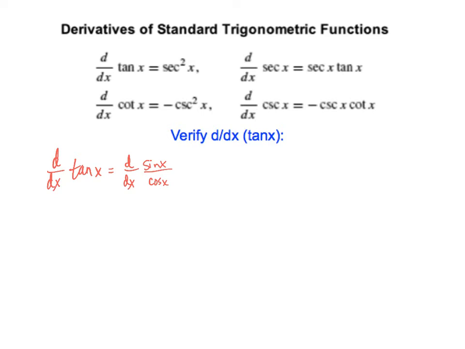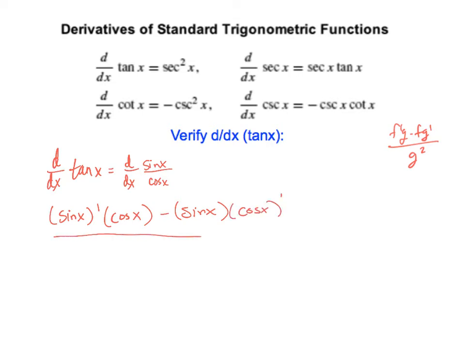We already verified sine and cosine using the graphs, and now we can use our quotient rule, which, remember, is f prime g minus f g prime, divided by g squared. So the derivative of sine, the original denominator cosine stays, minus sine x stays, we derive cosine x, divided by cosine x squared.